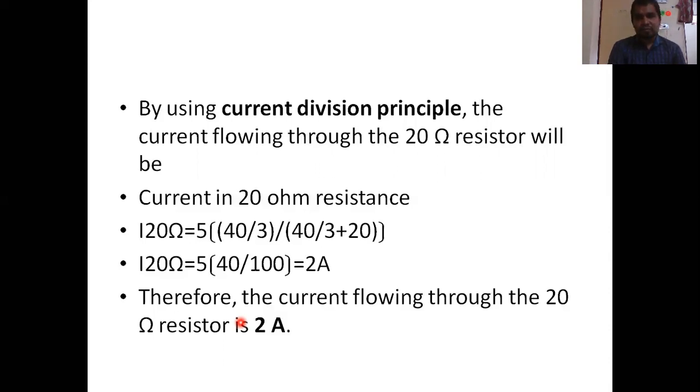The Norton equivalent is a current source with a parallel equivalent resistance or impedance. So this is what we have discussed about the Norton theorem. I hope you have understood the Thevenin theorem and Norton theorem, and we will come with another lecture on another topic. Thank you for watching this video.